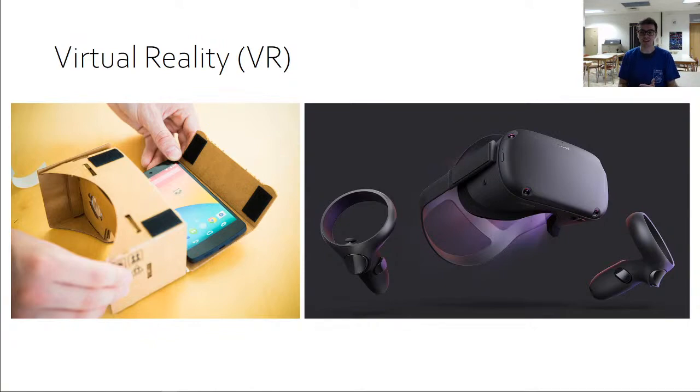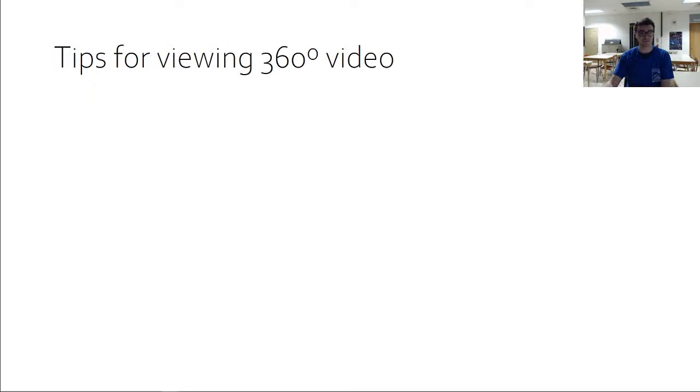There's lots of neat content that uses the idea of a spherical video, regardless of whether it is a real video taken in the real world or if it's a computer-generated video. It still uses that concept of an all-encompassing view that you can look around in. Okay, so we'll continue to touch base on VR as we talk about tips.